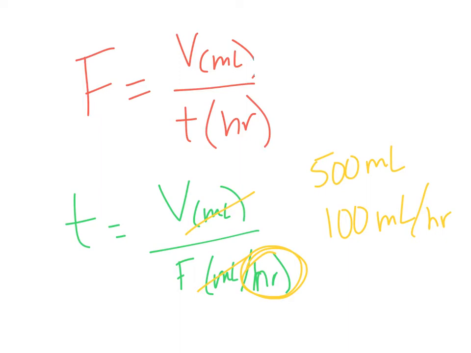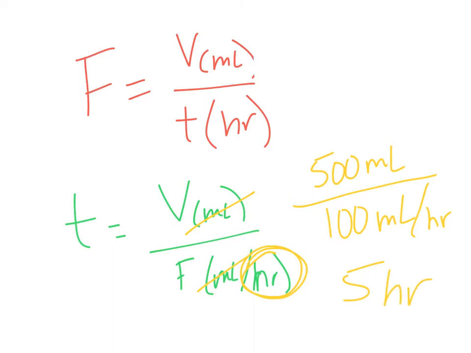Hour 3, they'd get another 100 milliliters. We're now at a total of 300. In hour 4, they're getting another 100. You guys see where I'm going with this? We know that that's going to end up taking 5 hours. And so what we've done is we simply divide those two numbers. Total volume divided by the flow rate will give me the amount of time it should take.